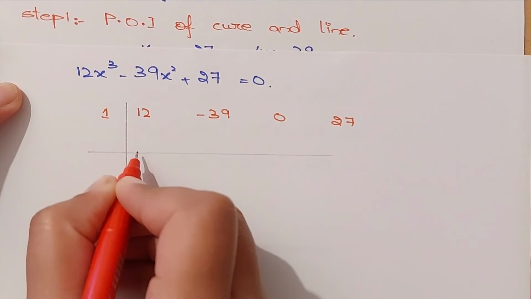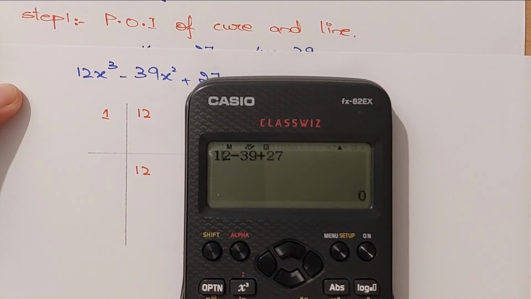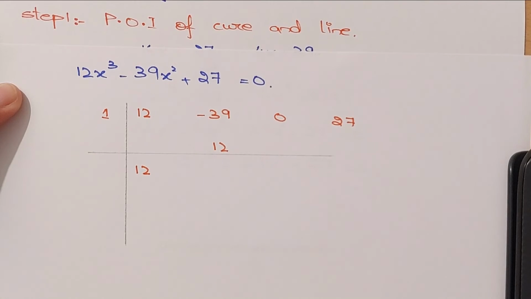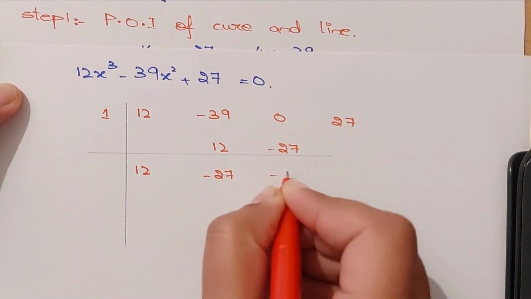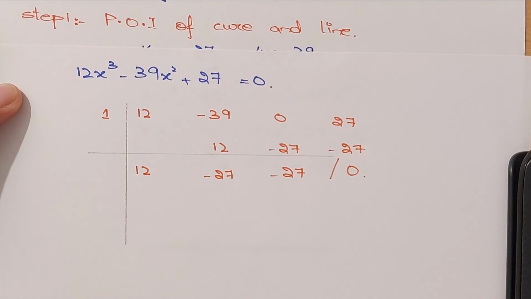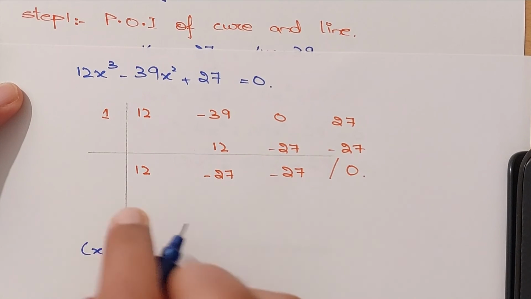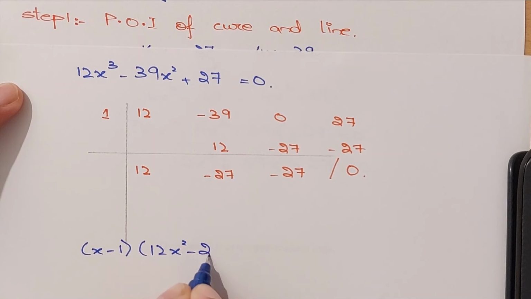Dividing with 1, we move 12 down. 1 times 12 is 12, and 12 minus 39 is negative 27. 1 times minus 27 is minus 27, 0 minus 27 is minus 27, and again negative 27, giving 0. Now we can write this equation as x minus 1 times the coefficients of x square, x, and the constant term: 12x square minus 27x minus 27 equals 0.